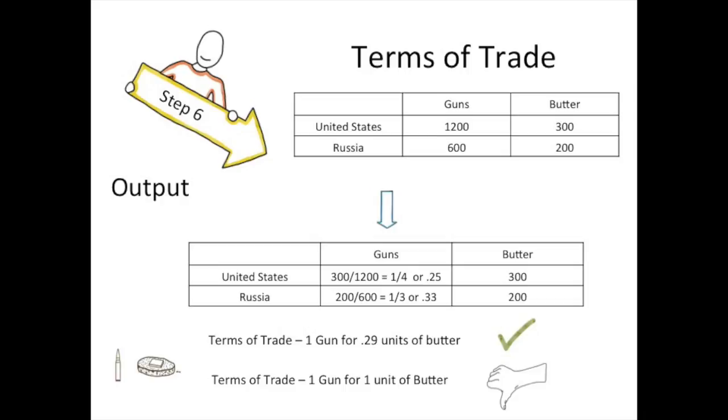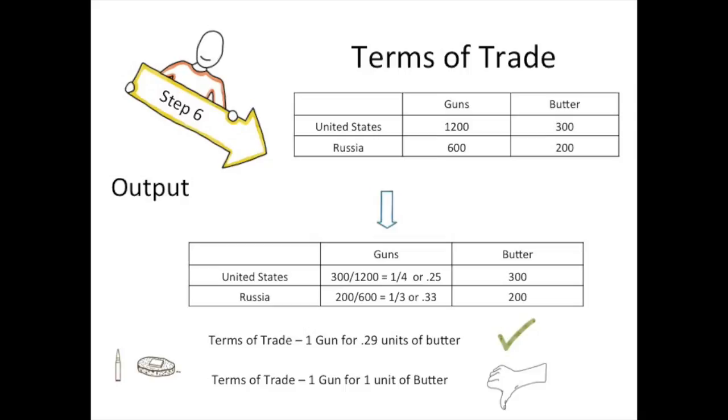With the trade, they will get 0.29 units of butter. Since Russia is only making butter, it would have to give up 0.33 butter to make a gun. In the trade, they only have to give up 0.29 butter. Everybody benefits from a terms of trade of one gun for 0.29 units of butter.